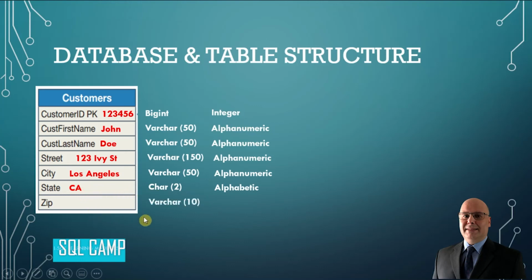For the zip code, we will give it varchar 10, and probably you will tell me here, a zip code is a number and it's just 5-digit numbers. Why you gave it 10 digits in this case? So the reason I gave it 10 digits and I set it to a varchar as an alphanumeric is because sometimes some systems or companies will enter your zip code in this format, like 12345-9000.